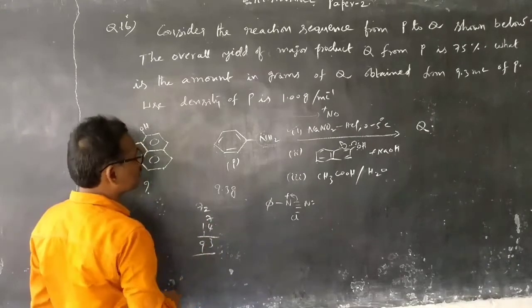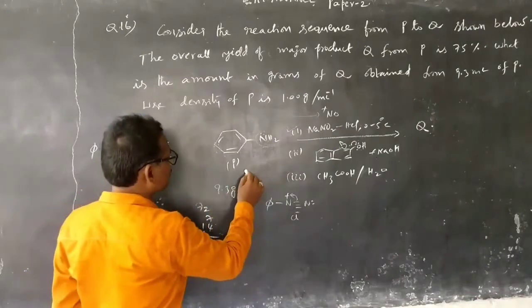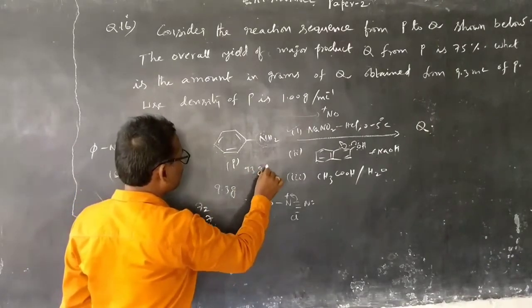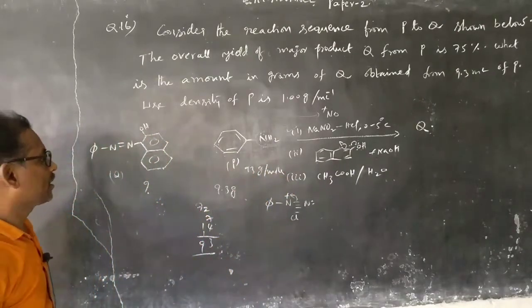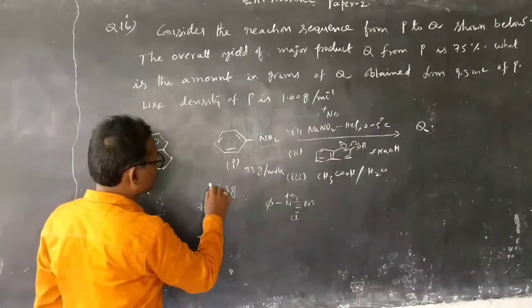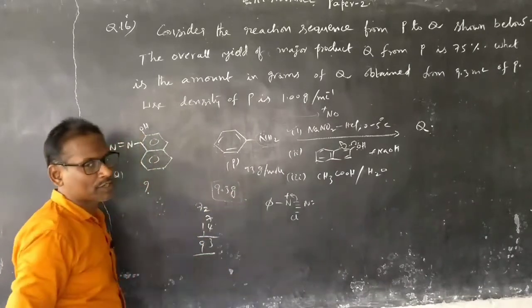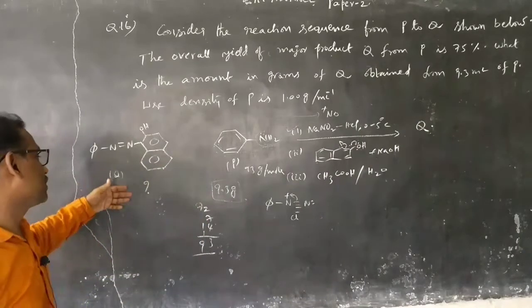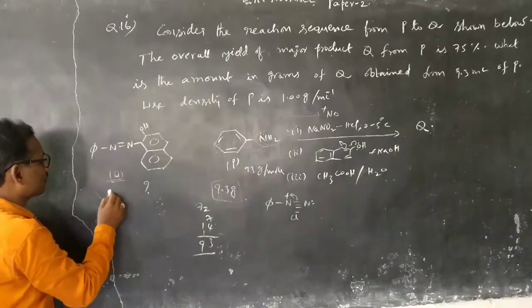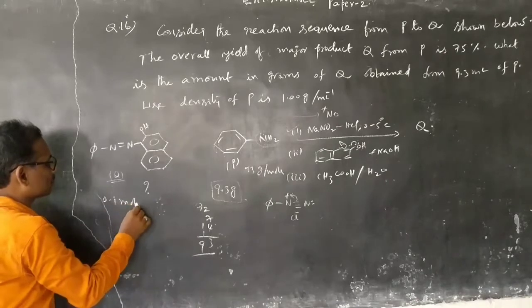So its molar mass is 93 grams per mole. We have taken only 9.3 grams, that is only 0.1 mole. For every 1 mole of this we get 1 mole of Q, so the expected quantity is 0.1 mole.